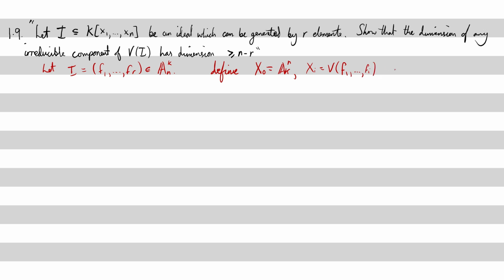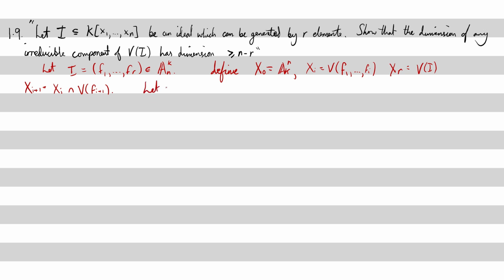So obviously X(i+1) is the vanishing set of f1 through to fi intersect the vanishing set of f(i+1), and also Xr equals V(I). And I will just say X(i+1) equals Xi intersecting with V(f(i+1)), just to make that very clear.